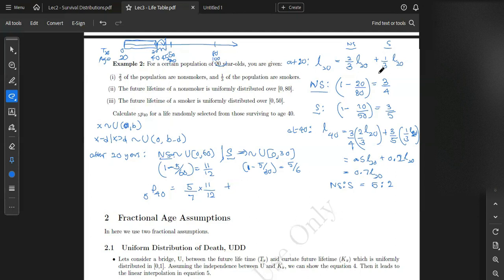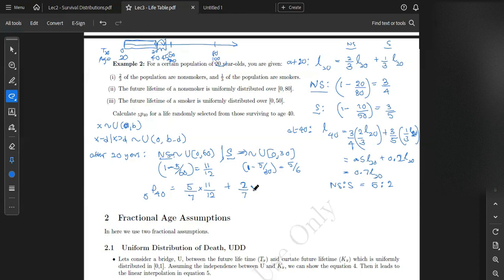Initially, from the entire population, we had 1/3 of the population as smokers. And out of that, after 20 years, they have reduced to the proportion of 2/7 of the entire population who were at age 20. So this is the proportion of the population after 20 years, between the non-smokers and smokers. So this is the non-smoker part, and now we are calculating the smokers part.